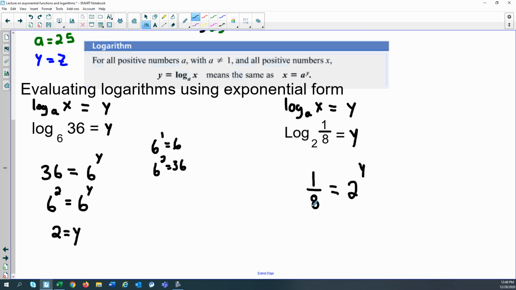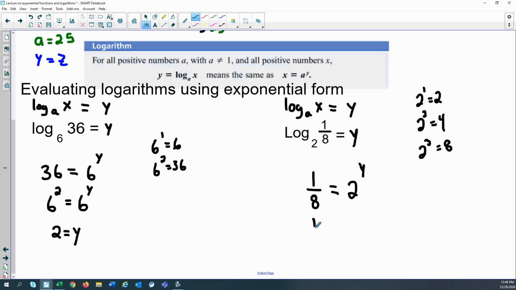So again, let's try to convert this into a base of 2 so that we can just set the exponents equal and solve. So if we look at 2 to the first, that equals 2. 2 squared equals 4. 2 cubed equals 8. Okay, that's a good start.